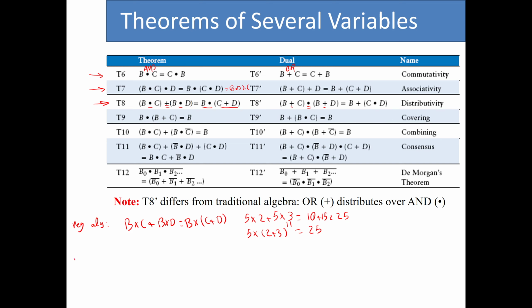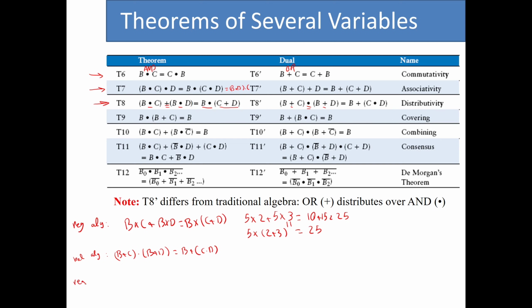So in Boolean algebra, if I rewrite this, we have B or C multiplied by B or D, which says it's equal to B plus CD.